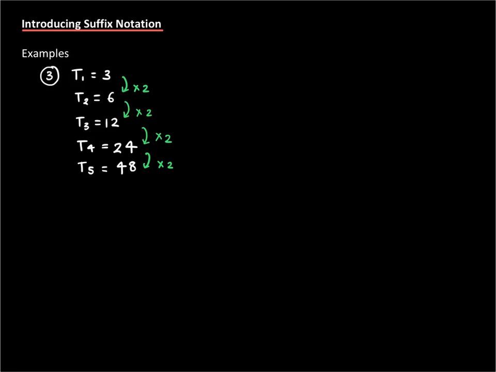So from here, can you now write down the iteration formula Tn plus 1 in terms of the previous term Tn? So again, you may want to do this in words before you use algebra. So we could say the next term is equal to the previous term multiplied by 2.